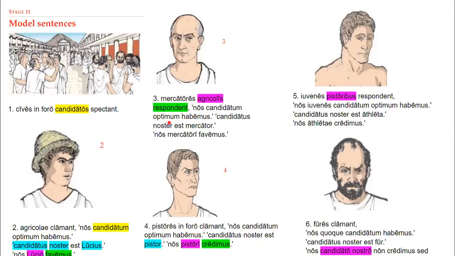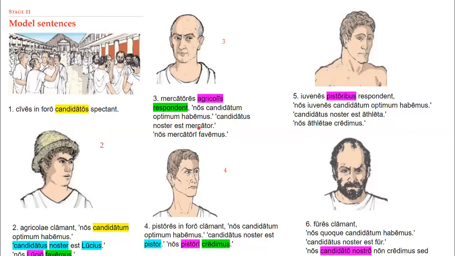Nos candidatum optimum habemus. Nominative subject, accusative direct object, accusative adjective. It is a superlative adjective, by the way, and present tense verb. So we, the candidate, best, have, or we have the best candidate.